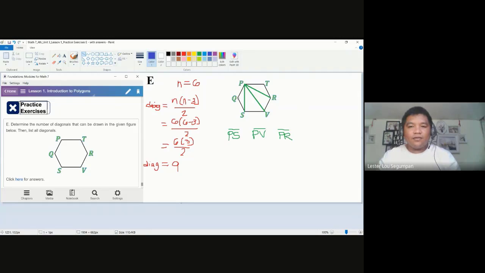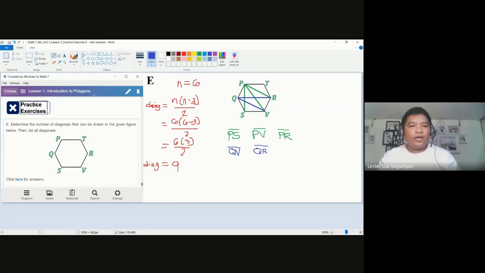The next line segment is from Q to V, and this is diagonal QV or VQ. The next would be from Q to R, and this is called QR or RQ line segment.